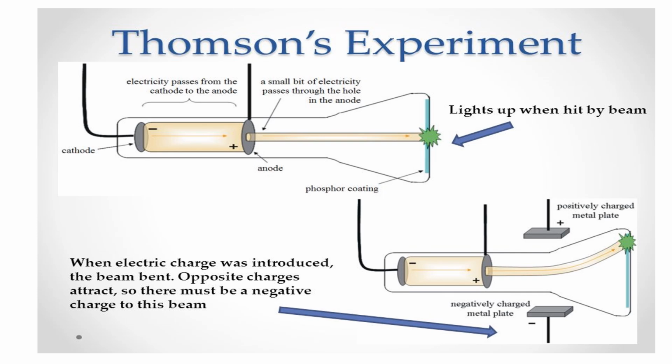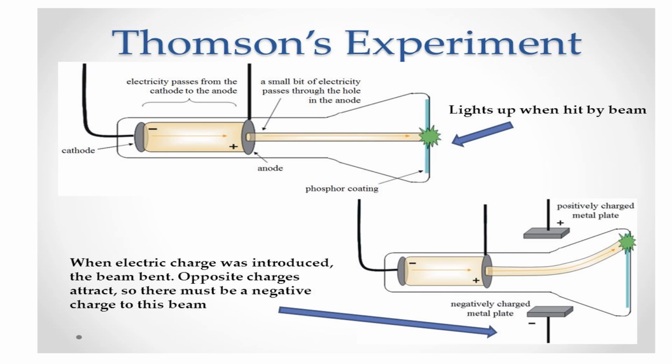We're going to take electricity, shoot it through this cathode ray, but on the outside here, hopefully you can see my cursor in the bottom right, I have a positively charged plate on top and a negatively charged plate on the bottom. He was trying to see whether or not the electricity that was coming out of the cathode ray would just go straight, or if these charged plates would somehow affect it.